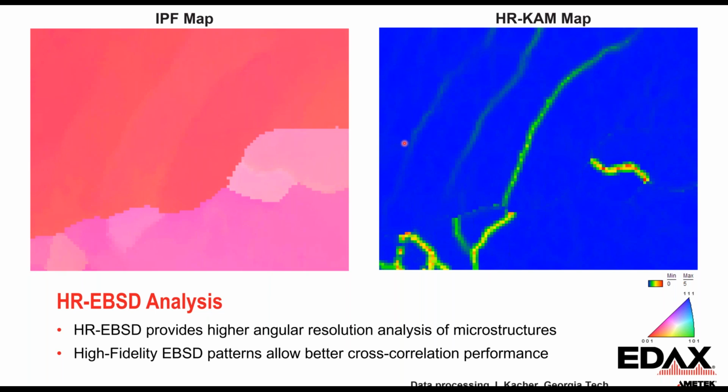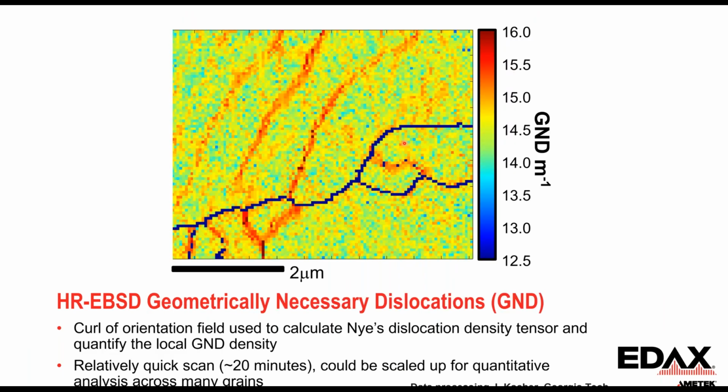We can represent this in a number of different ways. One way is with what's termed a GND, or a geometrically necessary dislocation map. This gives an idea of how many dislocations are required to create the amount of misorientation and lattice curvature that we detect with HR-EBSD.